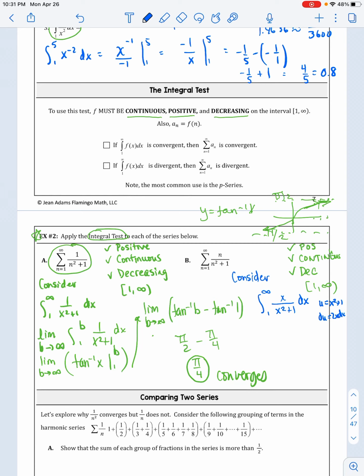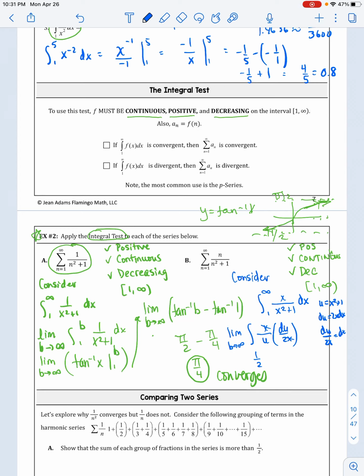If you do this, I would probably use u substitution and put x squared plus 1 in for u. My du would be 2x dx. So du over 2x is my dx. So this would be the integral of x over u times du over 2x. The x's will cancel.